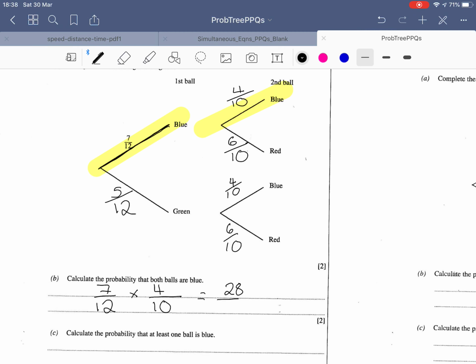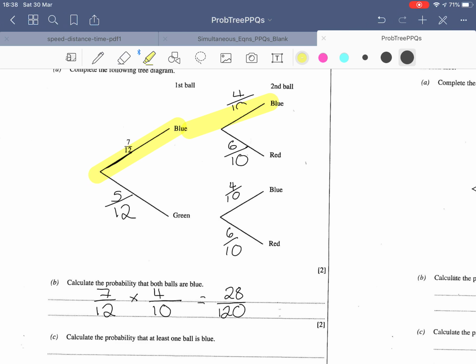Right, calculate the probability that at least one ball is blue. So this means that we want a blue and then a blue, or a blue then a red, or a green then a blue.